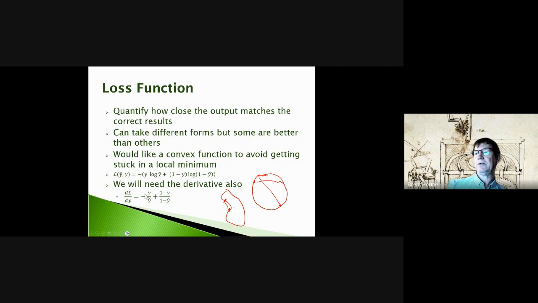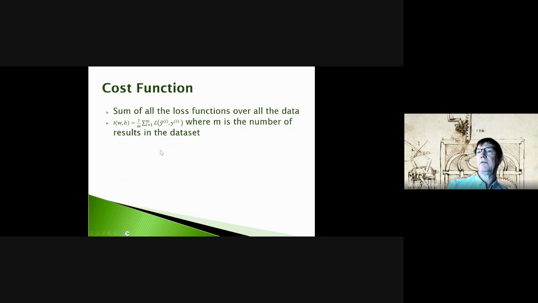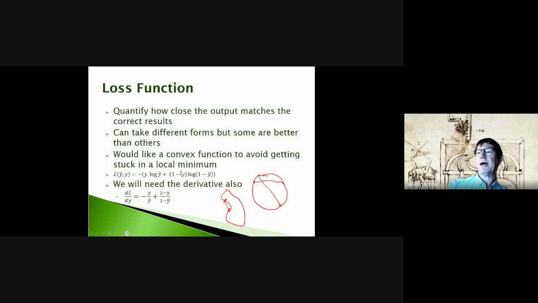We'll ultimately need the derivative of that. So again, if you want to, you can work that out, but you'll end up with this. If you take that with respect to y, you'll end up with this equation here. So that would be for one instance of training data, right?